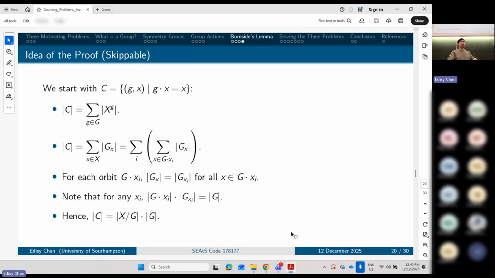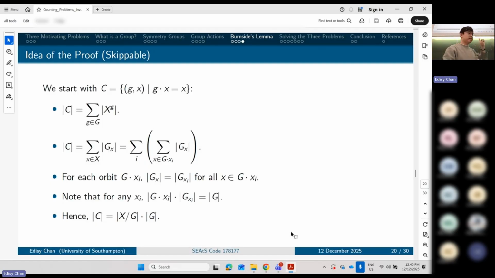Whenever we have a G fixing X, we take it and put it here as a pair, all right? So for one X, there could be many G which pair with it, right? And for G, we also could have many X pairing with it, which gives us the fixed point, right? So the set is like this.